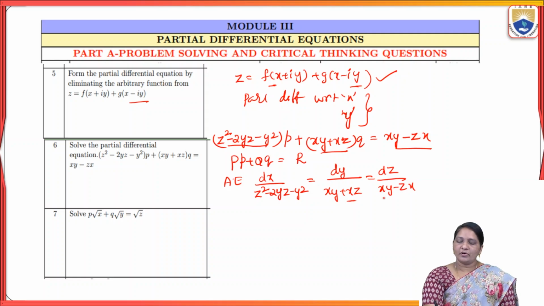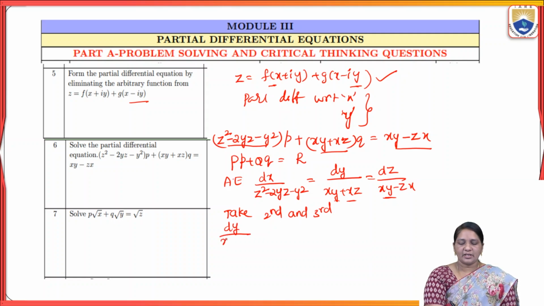So here if you observe the second and third terms, then we can get the solution from the method of grouping. That's why I am taking the second and third terms. So when you take the second and third terms, this becomes dy by, take the x common here, x into y plus z is equal to dz by x into y minus z.